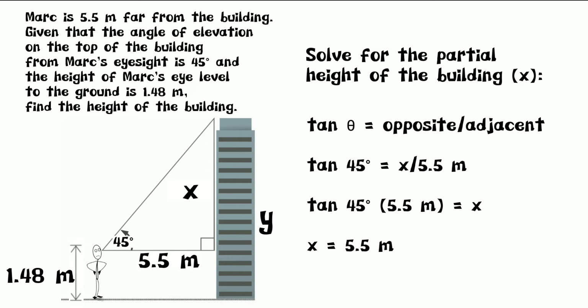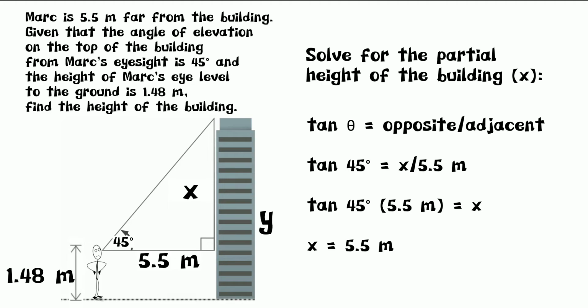First, we are going to solve for the partial height of the building, x. The formula we are going to use is tangent theta equals opposite over adjacent. Then we substitute the values, and that becomes tangent 45 equals x over 5.5 m.